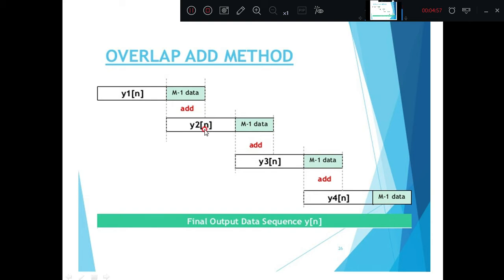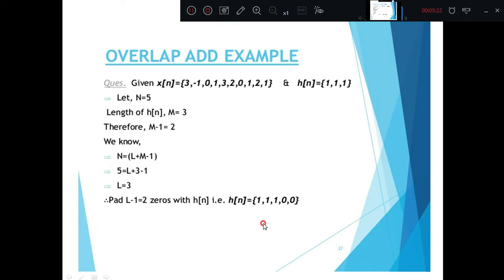Next, we add the last M minus 1 samples of y2 of n with the first M minus 1 samples of y3 of n. Similarly, the last M minus 1 samples of y3 of n we add with the first M minus 1 samples of y4 of n. Then you combine, and you will get the final output data sequence.